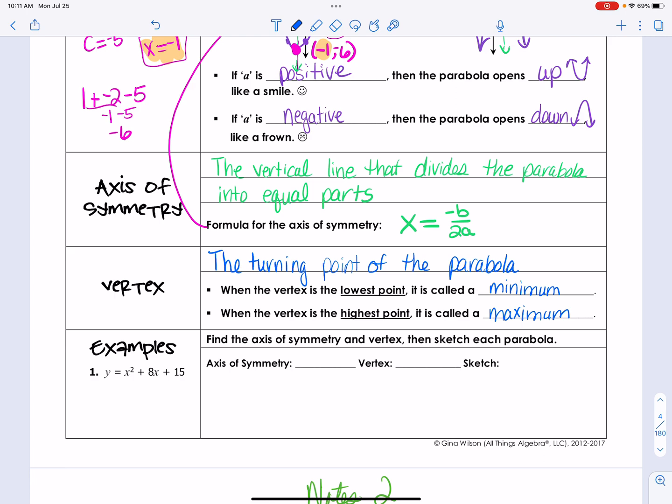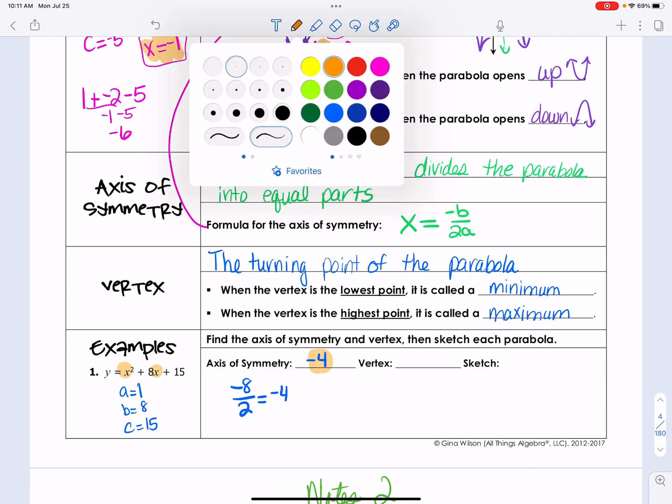So whenever I get one of these, right away, I write what a is, it's 1, what b is, it's 8, and what c is, it's 15. And so if I want the axis of symmetry, I do negative b over 2a. So my axis of symmetry is at negative 4. Then I'm going to take that negative 4 and plug it into these equations.